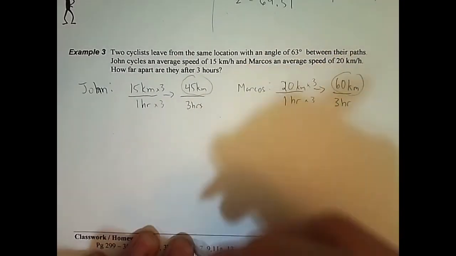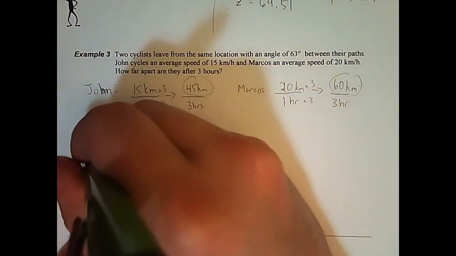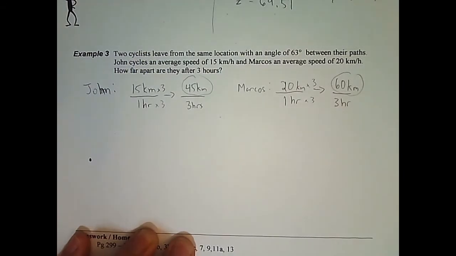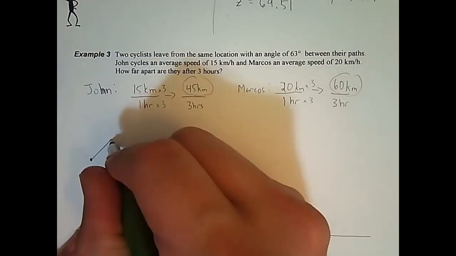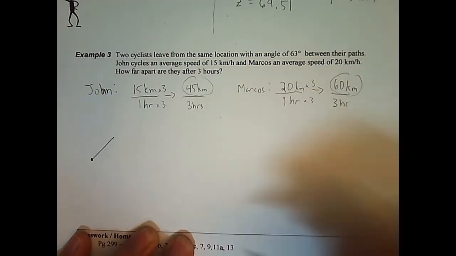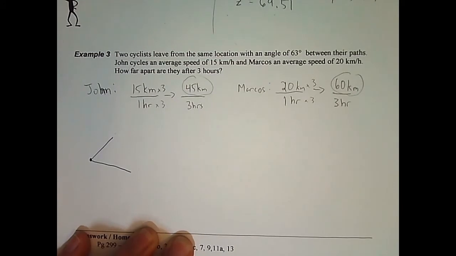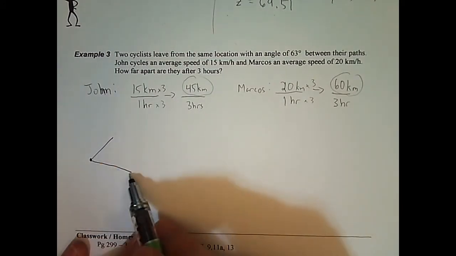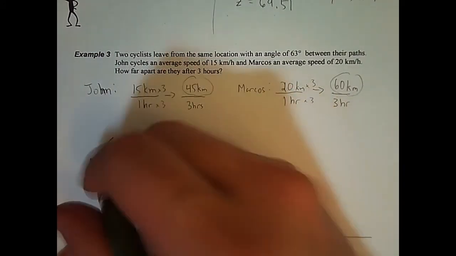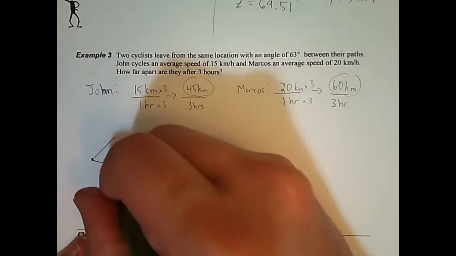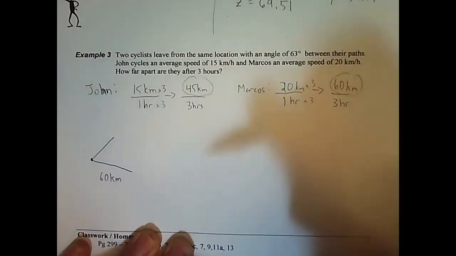So we know that John and Marcos start at the same spot. So let's just draw that. They start at the same spot, but then they go in different directions. Let's say John goes this way, and Marcos goes this way. The reason why I drew Marcos a little bit longer is because he traveled 60 kilometers here, while John only traveled 45 kilometers.